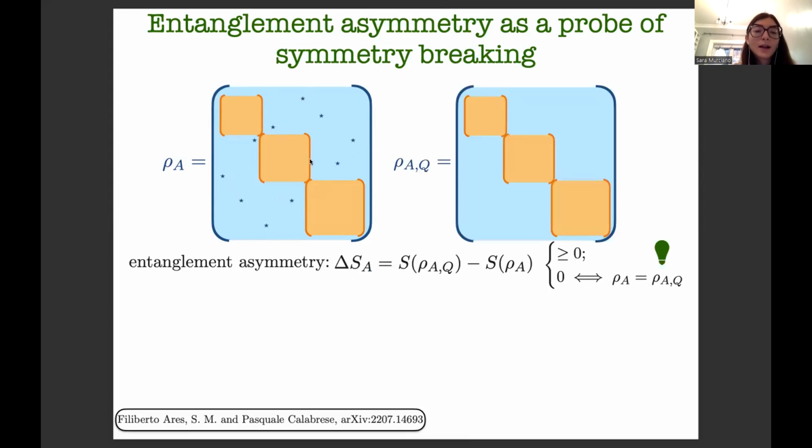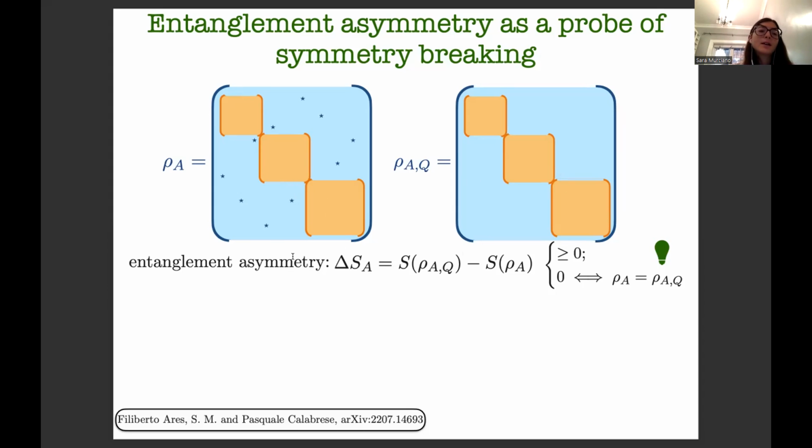Our idea was to consider another reduced density matrix, this rho_A,Q, which is obtained by projecting rho_A onto these blocks. And we have defined the entanglement asymmetry, this new quantity, which is the difference between the entanglement entropies associated with these two reduced density matrices.